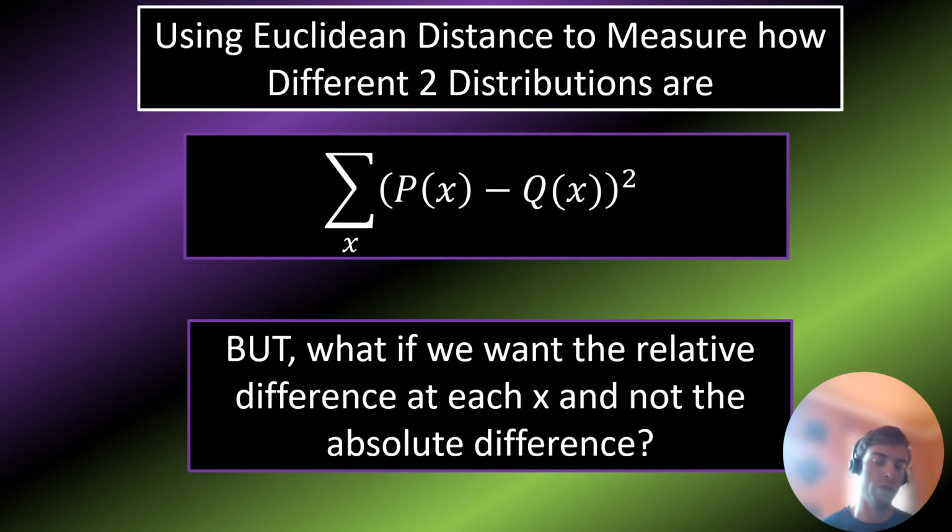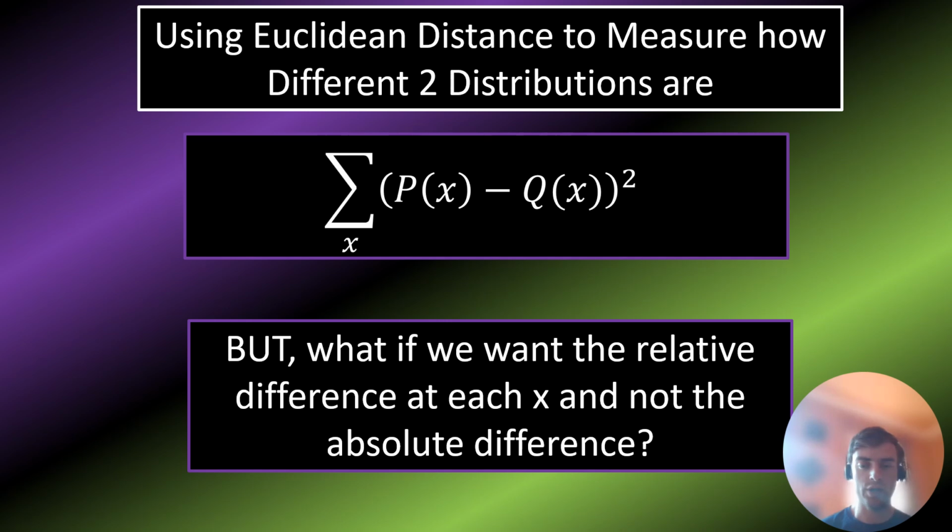And it doesn't matter if we square them because it's still a monotonic increase. So we're going to sum those differences so that the greater the total difference, the greater the Euclidean distance, and therefore the greater the difference between the probability distributions.